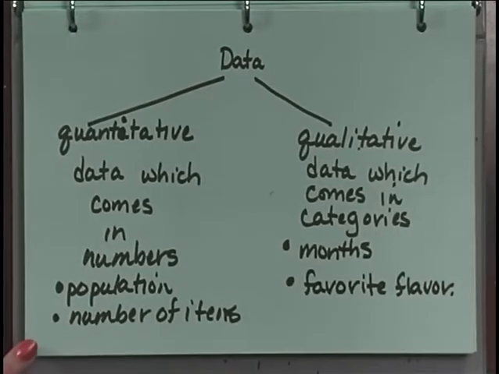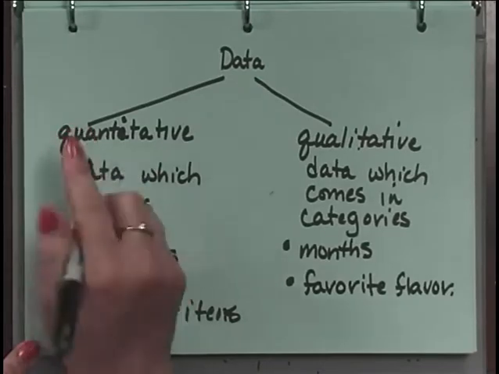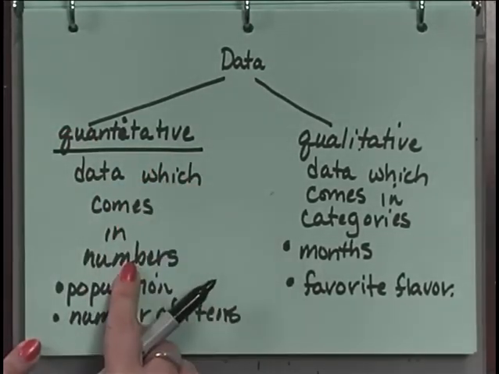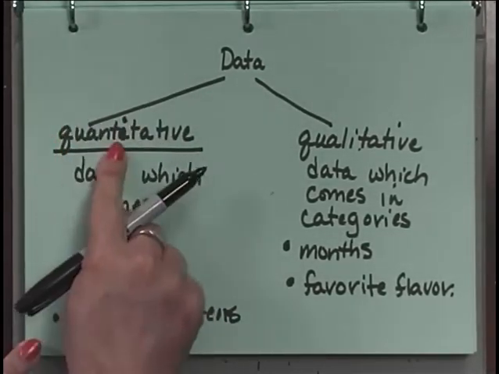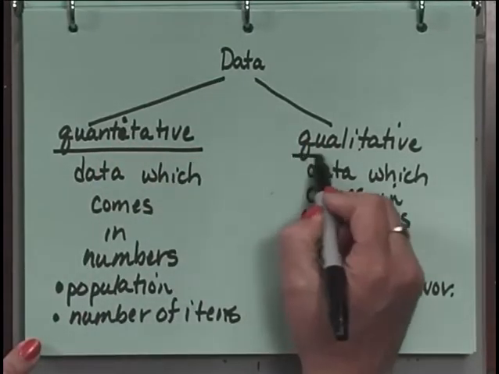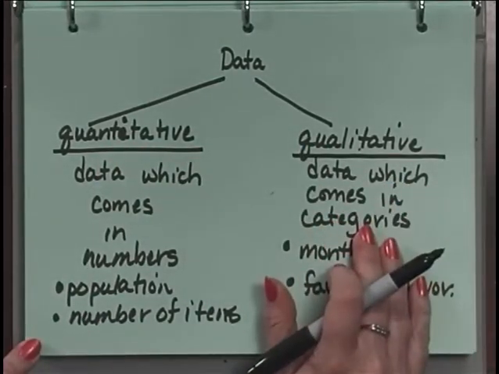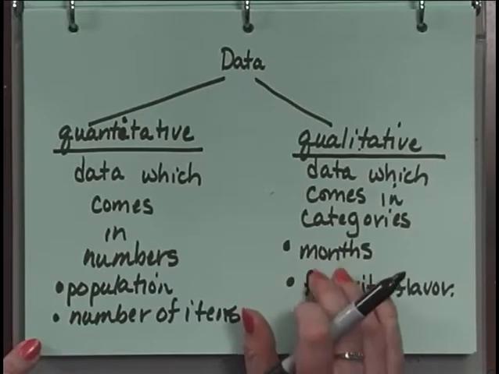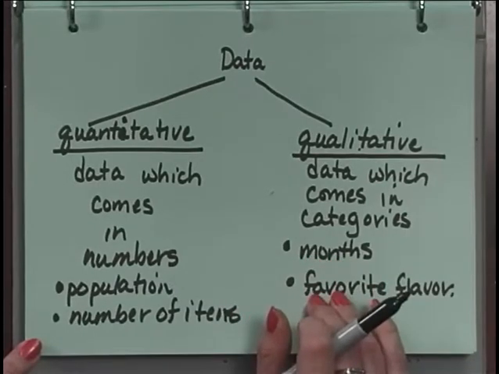And we call this qualitative data. So quantitative data is data which comes in numbers and indicates a quantity. Qualitative data is data which comes in categories, such as months or a favorite flavor.